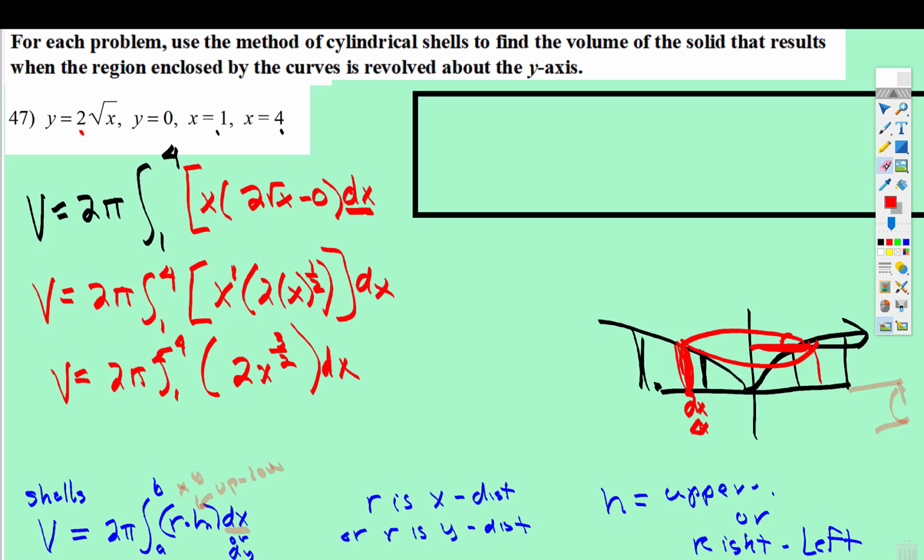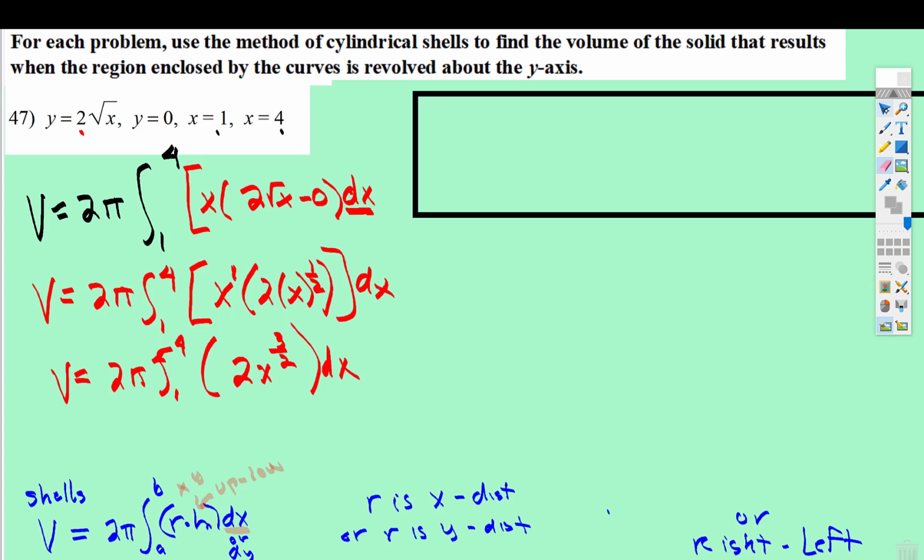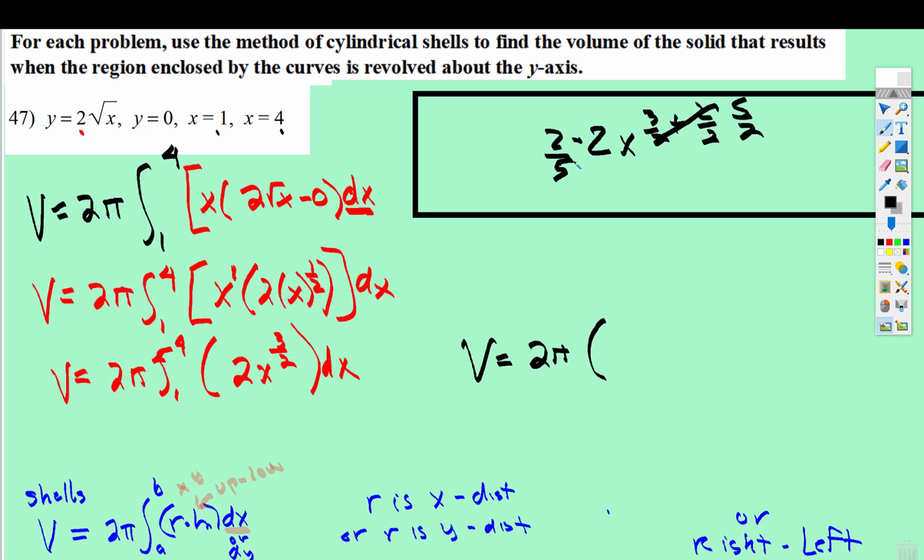And now we can go ahead and integrate. We're going to leave the 2 pi out. X to the 3/2, we add 1, so 2 over 2, that becomes 5/2, and then remember what we said, you multiply by the reciprocal, so 2/5.